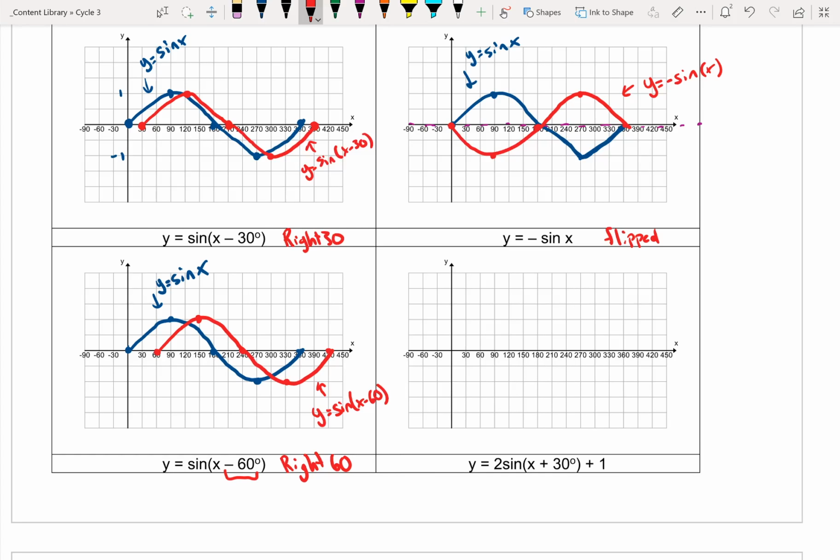This last one is going to be a more complicated one because we have all 3 transformations to apply. But again, it's going to be the same pattern. I'm going to start off with my base form. Again, I'm going to label the sides. Actually, we might have to change it.